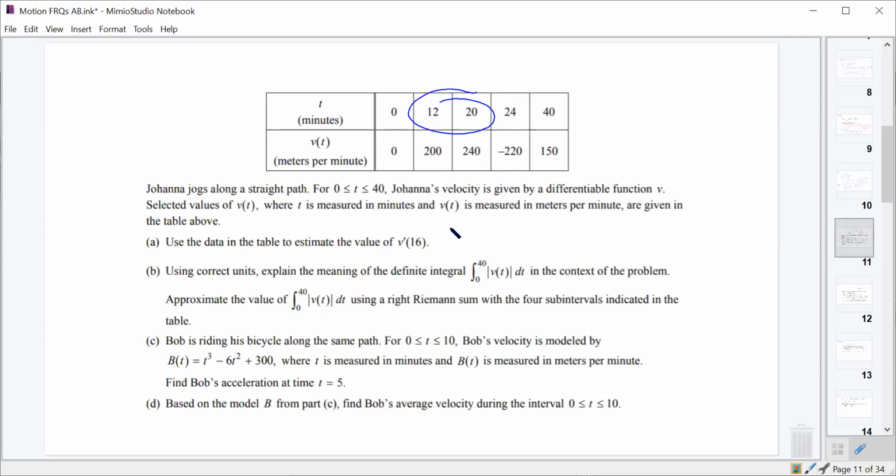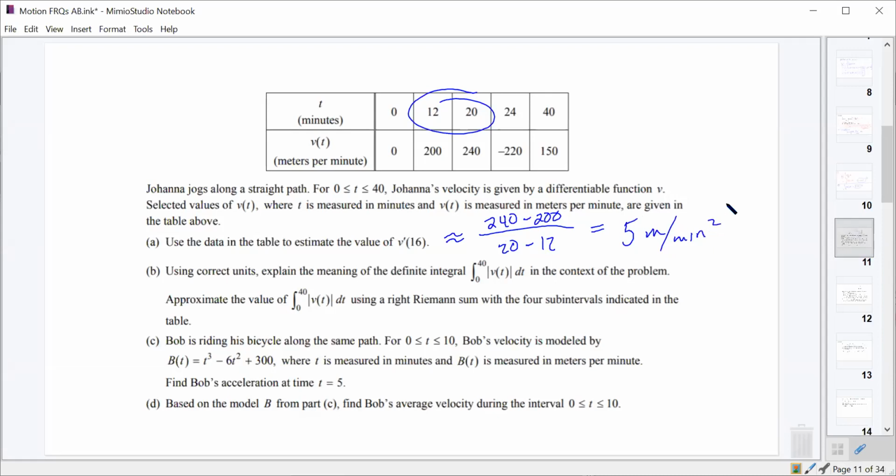So we will say v prime of 16 is approximately equal to 240 minus 200 over 20 minus 12, which will give us 5 meters per minute squared.